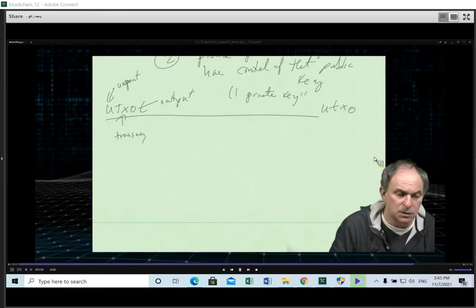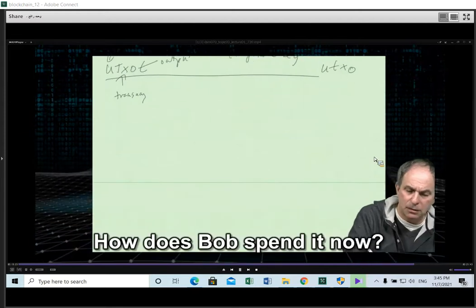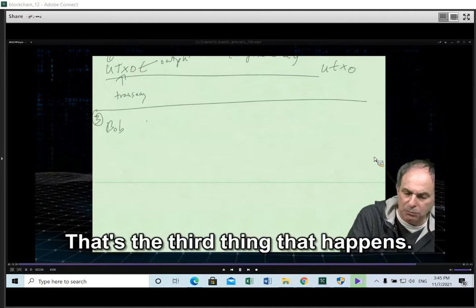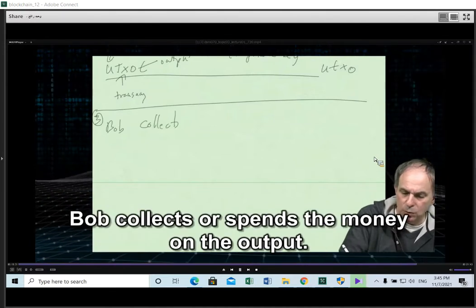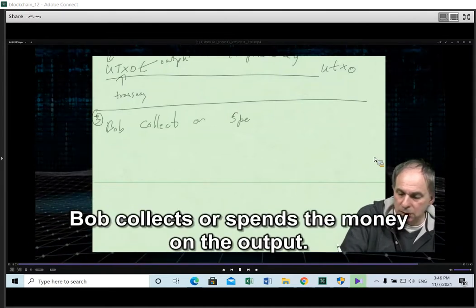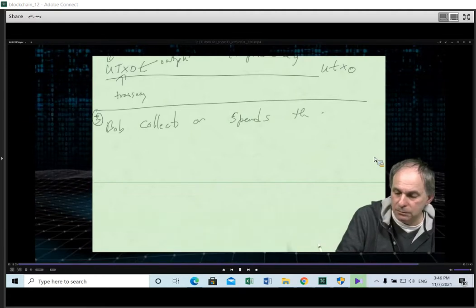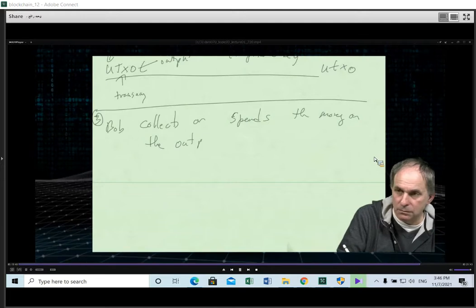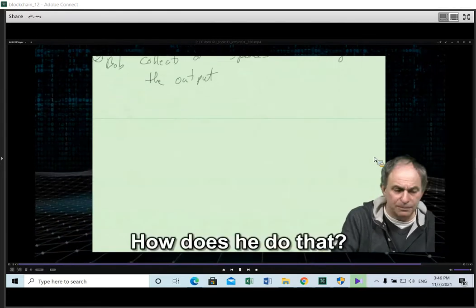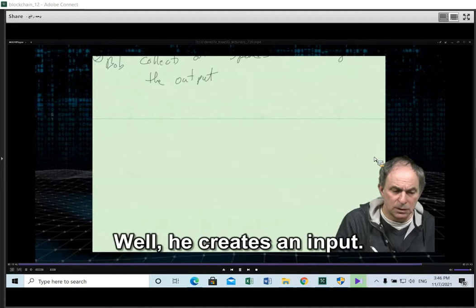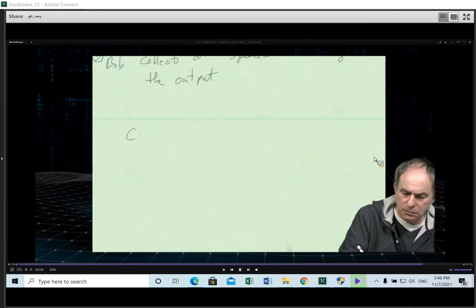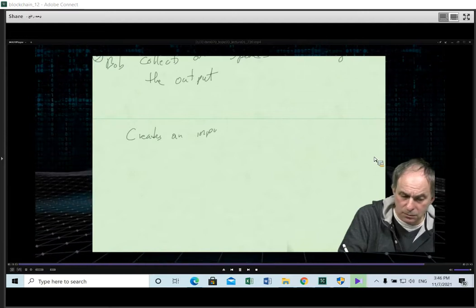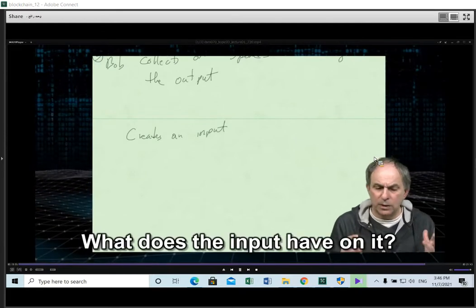Okay. So, how does Bob spend it? Now, Bob collects or spends. That's the third thing that happens. Bob collects or spends the money on the output. How does he do that? Well, he creates an input. And what does the input have on it?